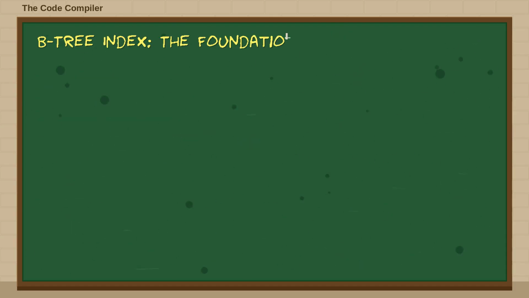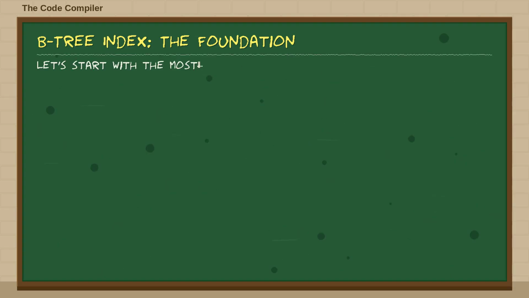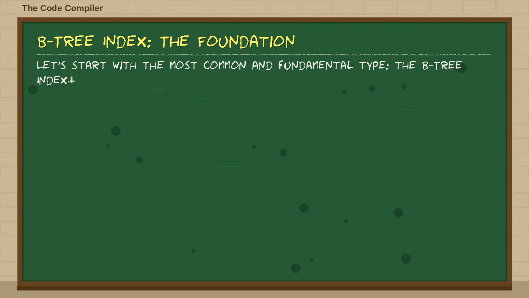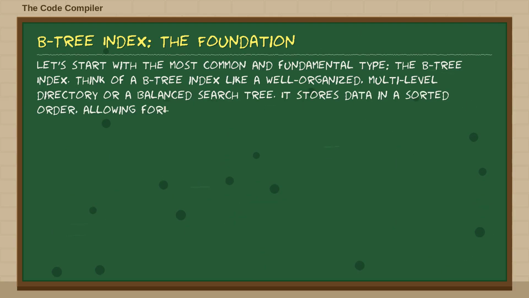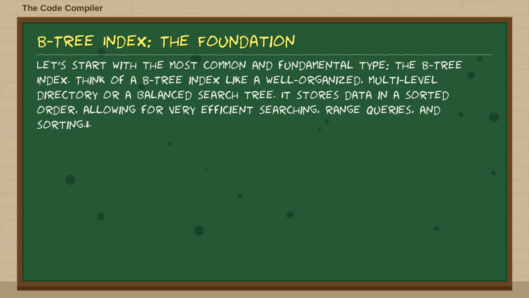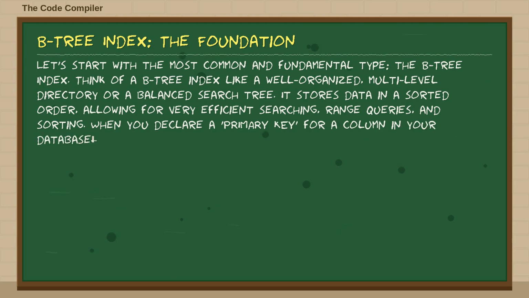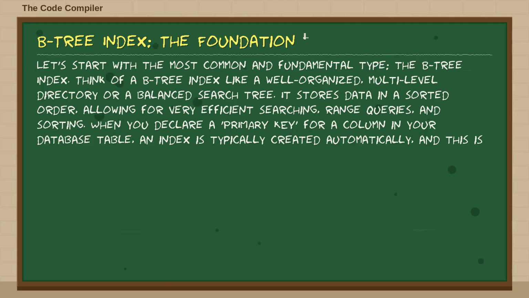Let's start with the most common and fundamental type, the B-tree index. Think of a B-tree index like a well-organized, multi-level directory or a balanced search tree. It stores data in a sorted order, allowing for very efficient searching, range queries, and sorting. When you declare a primary key for a column in your database table, an index is typically created automatically, and this is often a B-tree index.